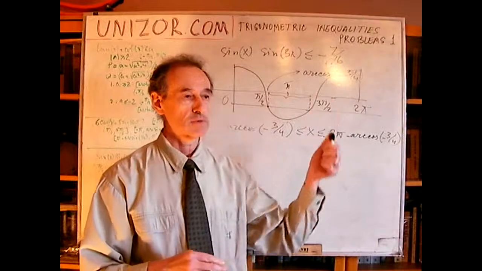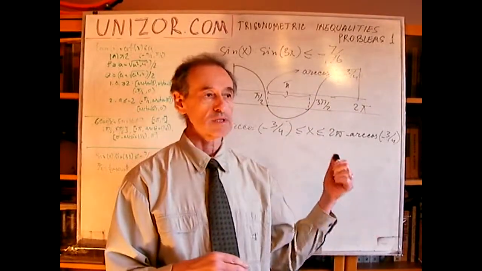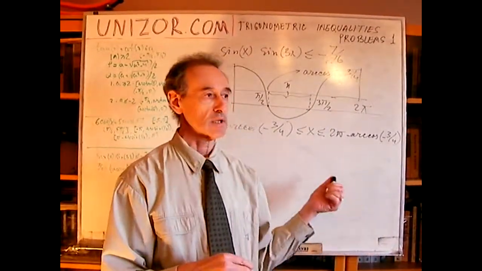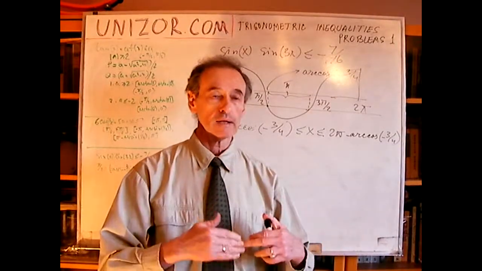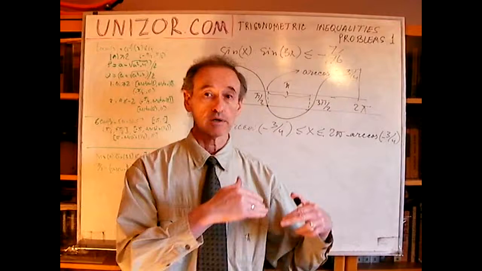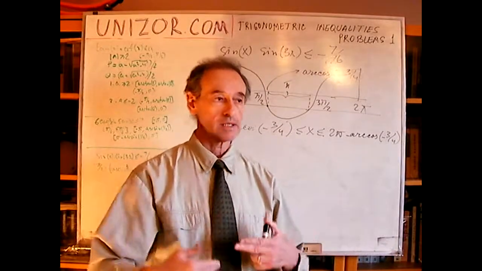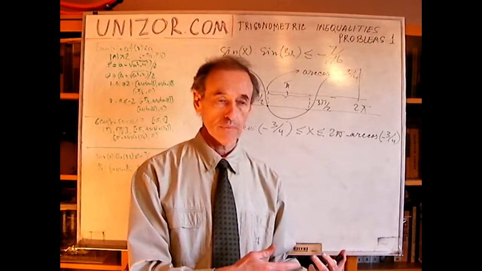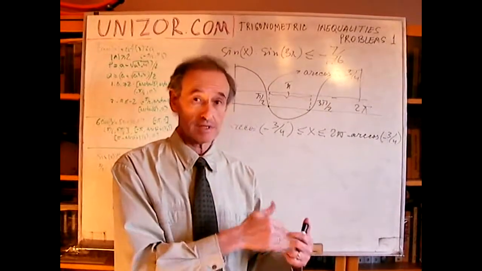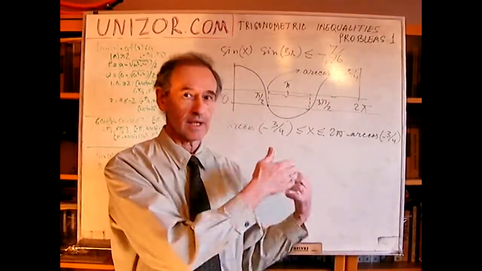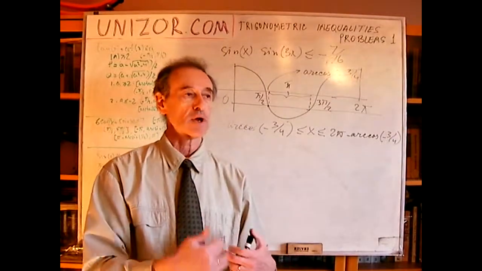In the first problem there was a tangent, in the second it was sine, and in the third it was sine squared. After you solve the quadratic inequality, you obtain some condition on the argument, and the argument is not the original x, it's like tangent x or sine squared x, etc.